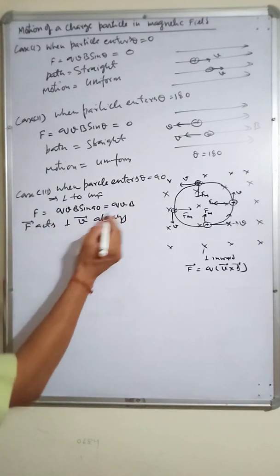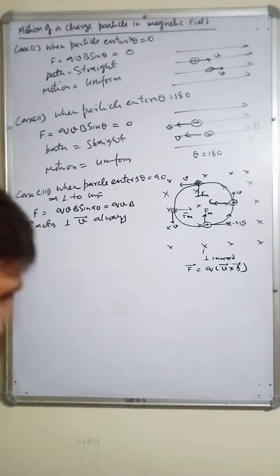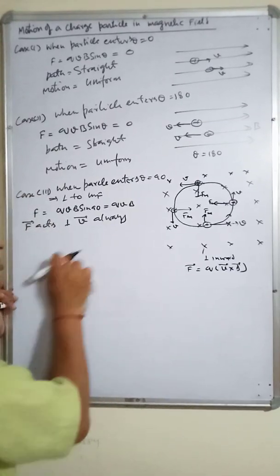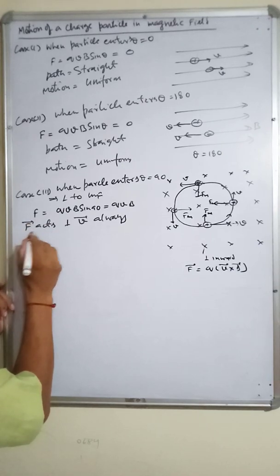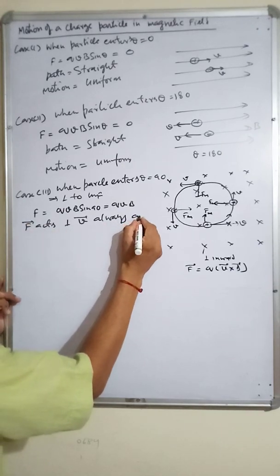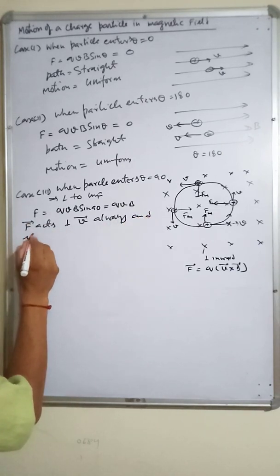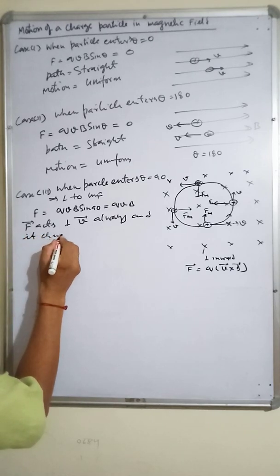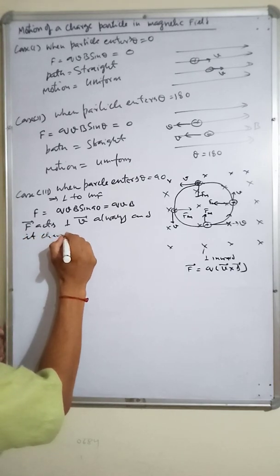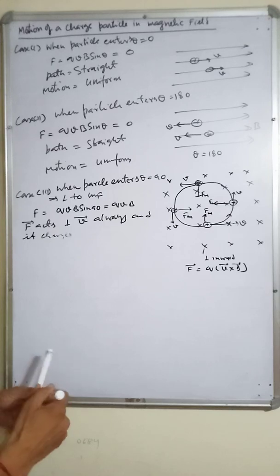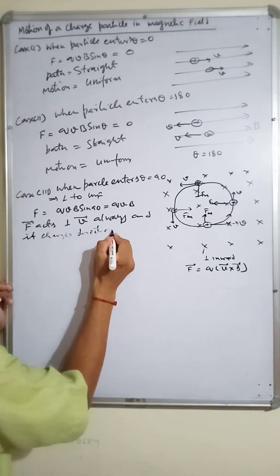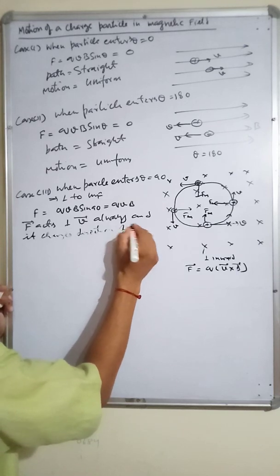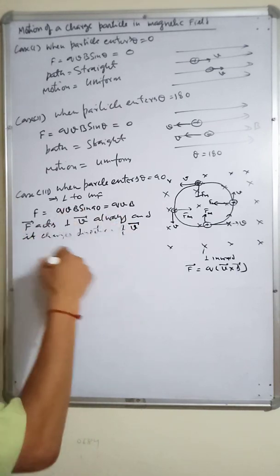If F is always perpendicular to velocity, it changes only the direction of velocity, right? ये सिर्फ velocity की direction change करता है.